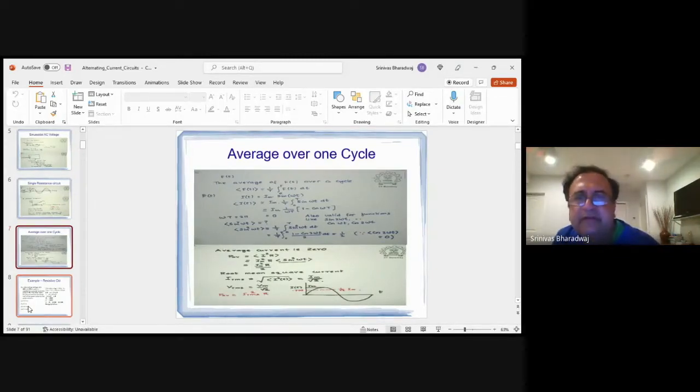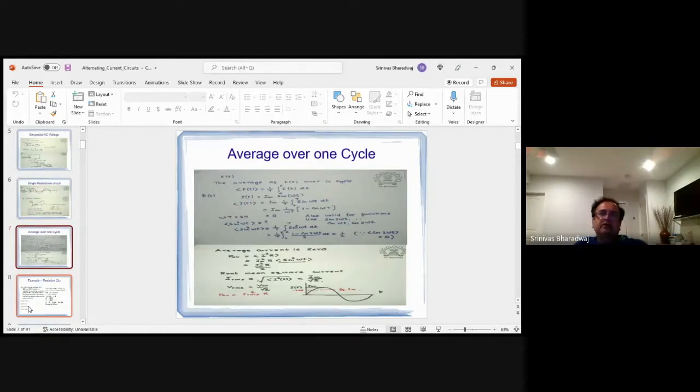Now, the average power is roughly half of Im squared R. I RMS squared times R gives you the average power.